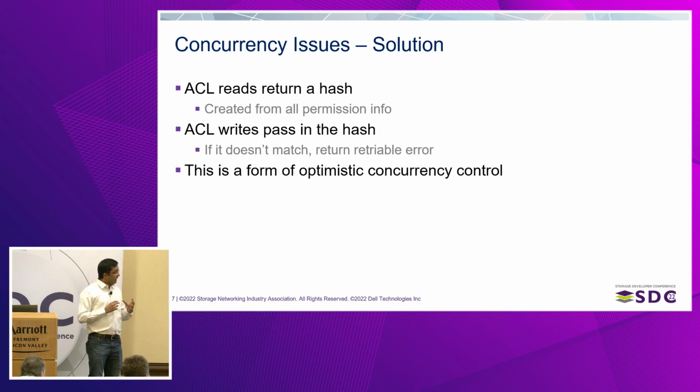Now when you write back the ACL, you send back this hash. If there are two concurrent writes of the permissions on disk, the second one will have a stale version of the hash. That means two operations raced, the second one lost and the first one won. So the ACL write passes in the hash, and if it doesn't match, we return a retriable error.